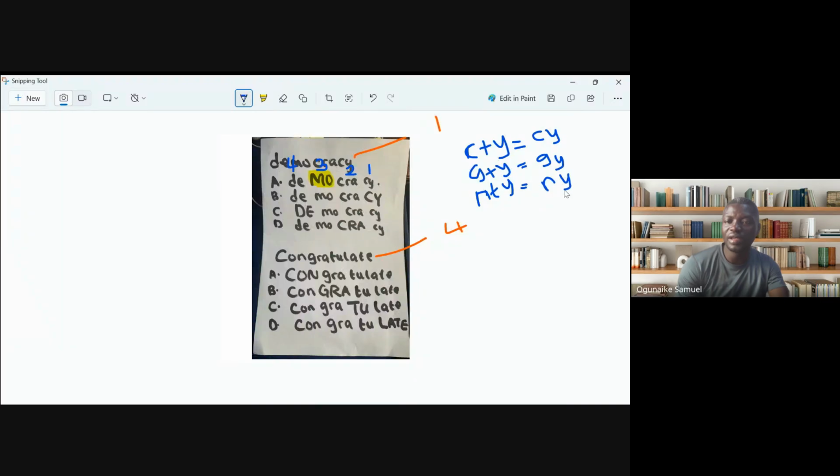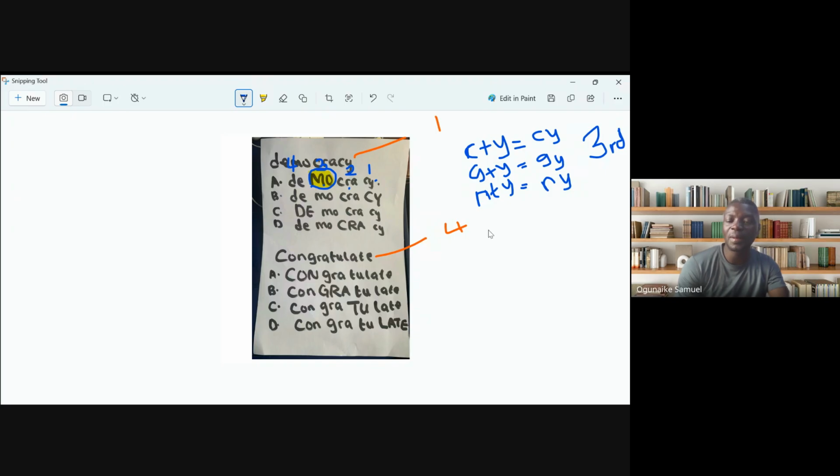Okay, so what the rule says is you should come from the back and circle the third one. So this one, you have to stress the third syllable. So you come from the back. So this is 1, this is 2, this is 3. You have to stress the third one, and there is no way to tell.